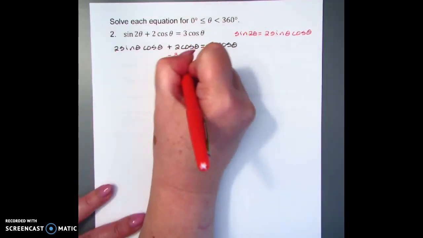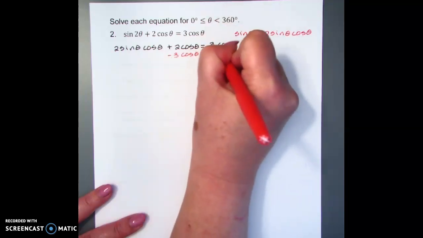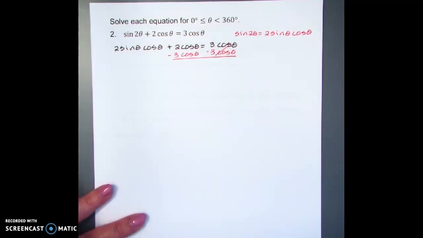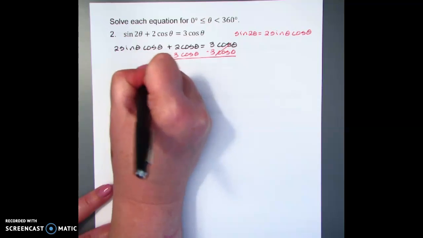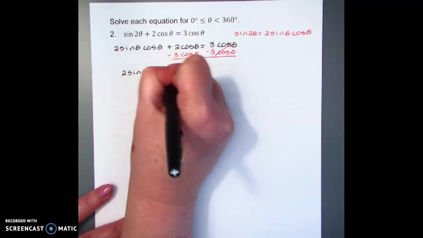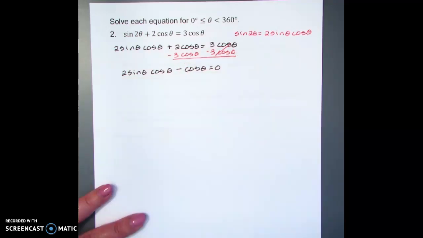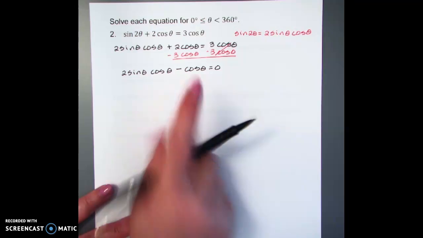So at this point, I'm going to go ahead and subtract a 3 cosine theta from both sides just to get it equal to 0. And so here I have 2 sine theta cosine theta minus cosine theta is equal to 0. So at this point, I don't have a quadratic because nobody is squared, but I do have a GCF of cosine of theta.